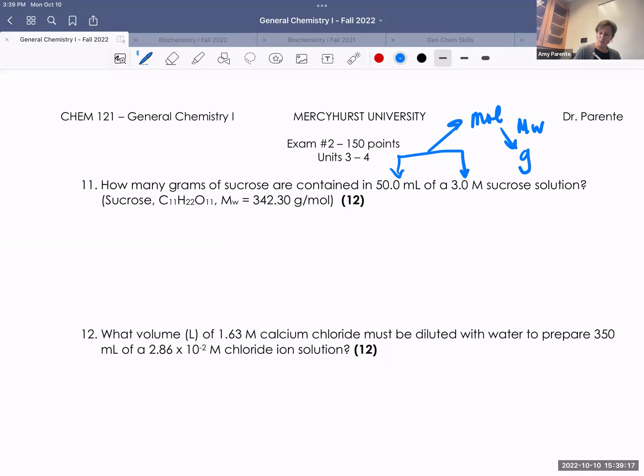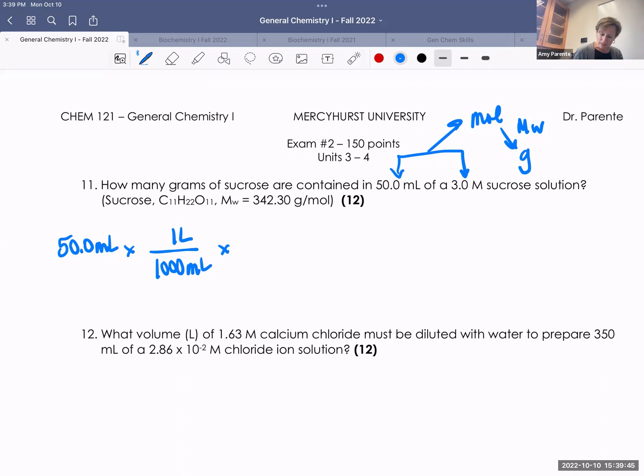Okay, so here's how we go through solving this problem. I've got 50 milliliters of a solution, and I'm going to do this as a unit conversion. If you did this in your head, that's totally fine, but I need to have this in units of liters, because if I want to use my molarity as a way to walk to moles, the units of molarity are moles per liter.